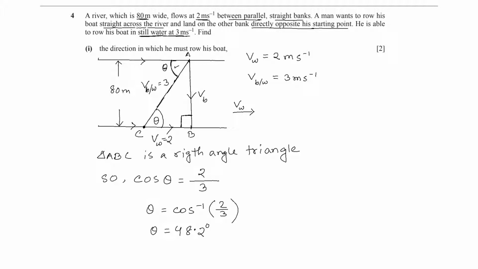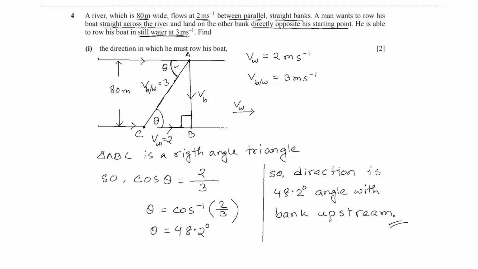Therefore we can say that the direction of the boat is 48.2 degree angle with the bank upstream.